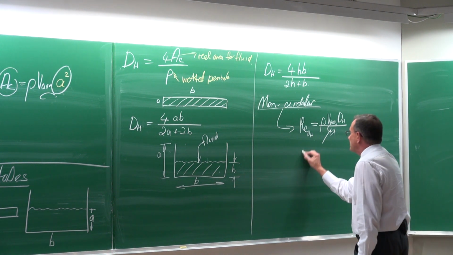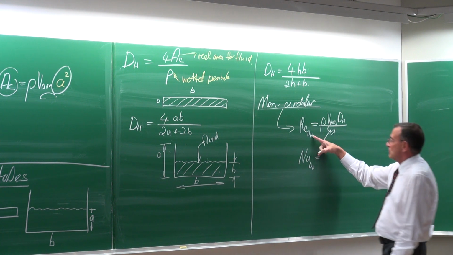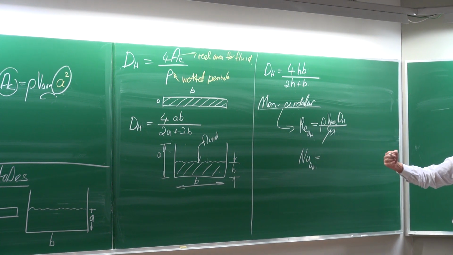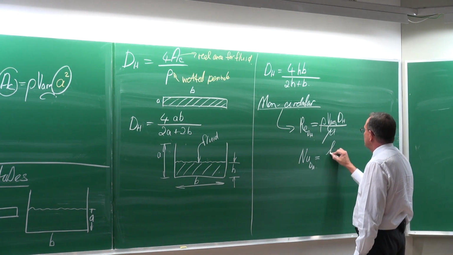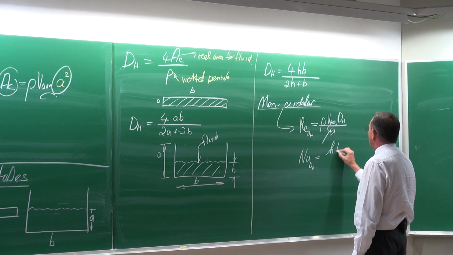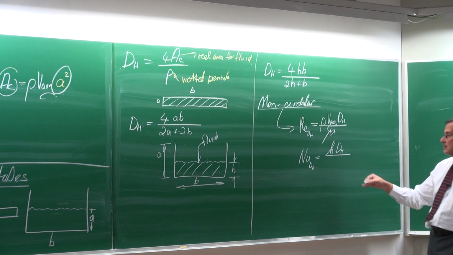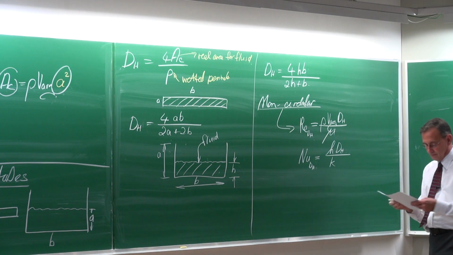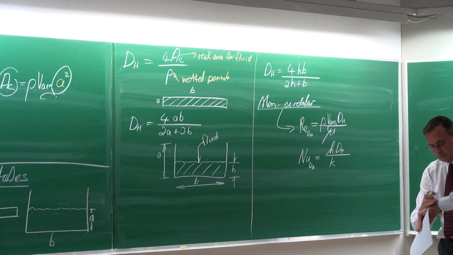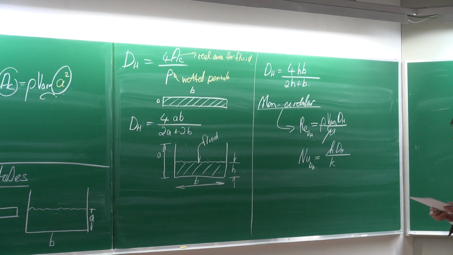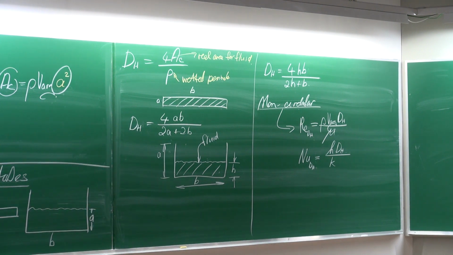And we always work with the Nusselt number based on dH. The subscript dH I'm just putting there to indicate it is based on the hydraulic diameter. It is equal to h multiplied by the characteristic length, which is the hydraulic diameter, divided by k. You follow?